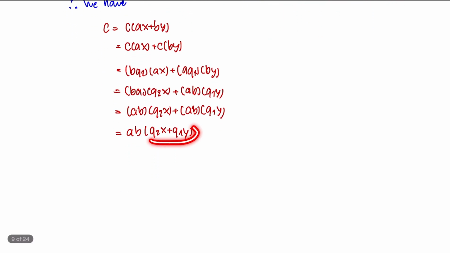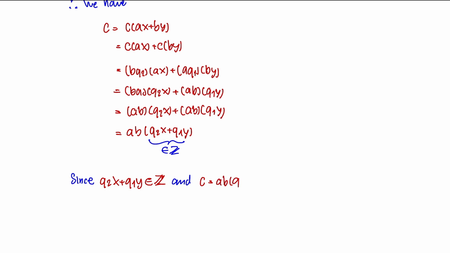And since this one is an integer, so q2x plus q1y is an integer, and we have c equal to ab times (q2x plus q1y), we have that ab divides c, right?